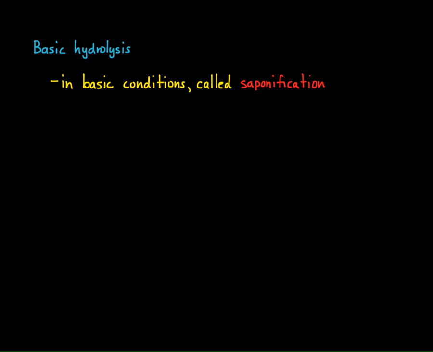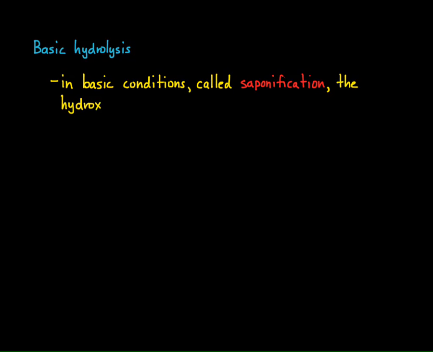So fats are esters. And when you take a fat and you add base to it, you get a soap. And so that process is called saponification. And in general, when you take any ester and you react it with a base, it's called saponification.